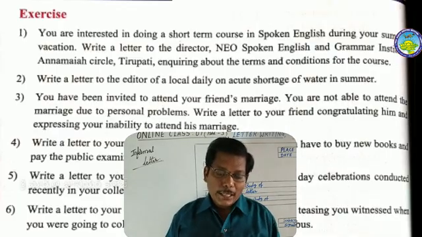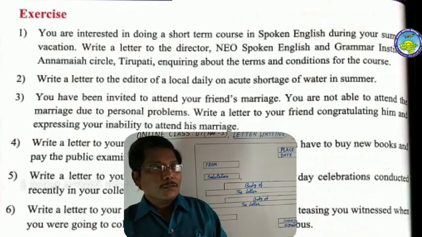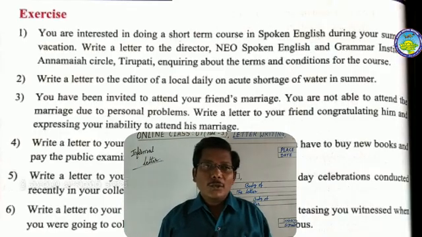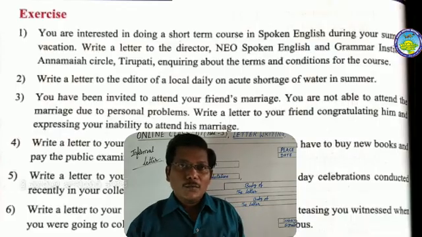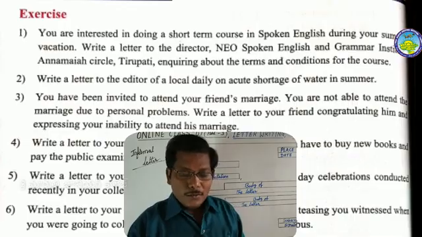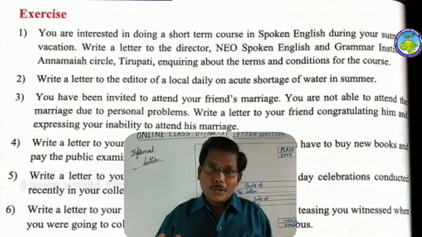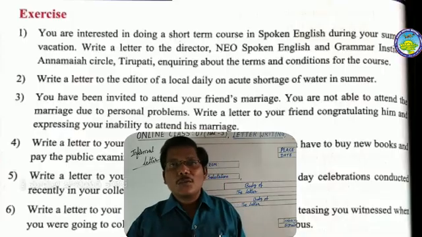In this letter you need to congratulate him and you have to express why you are not able to attend the function. That means you are writing this letter to your friend, so this is an informal letter.